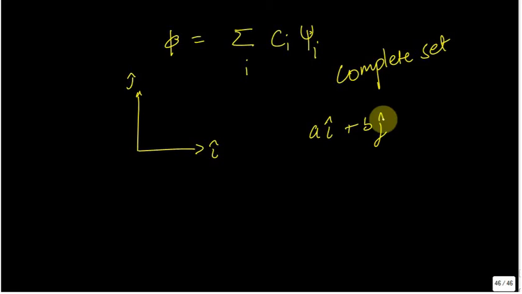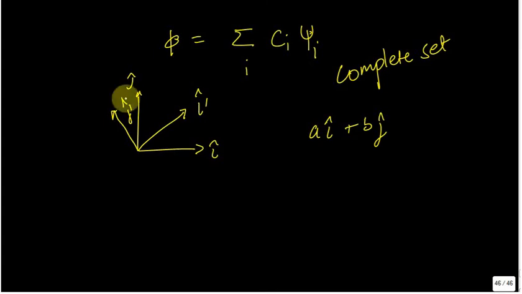But if I have a vector like this, I can always define it in terms of i and j. Let me call this i prime. And if I have another vector over here, which is at 90 degrees to i prime, I have a j prime vector. I can define the j prime in terms of i and j.